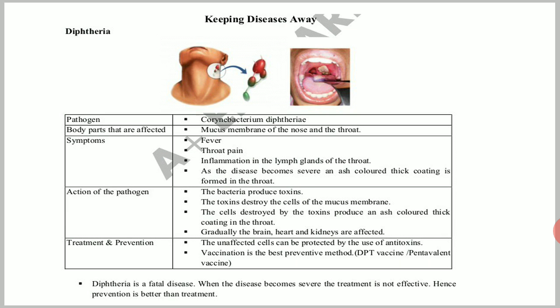These are the things to learn. Let us see the points related to diphtheria.